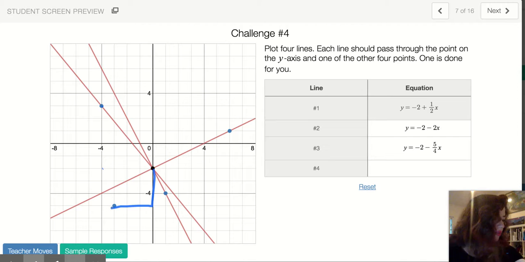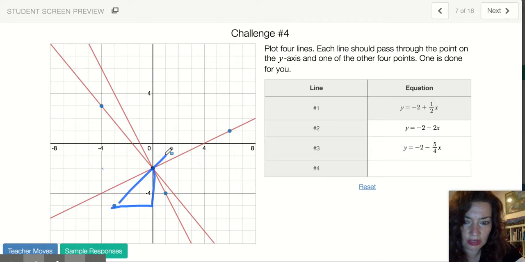So actually going down 3 and left 3, that is a positive slope. And you could see the line going through these two will be positive. So I could have also went up 3, 1, 2, 3, and right 3. So the slope is actually 1 because 3 over 3 is 1.